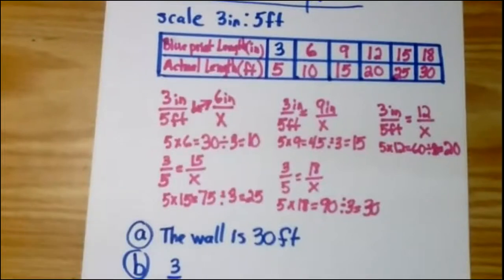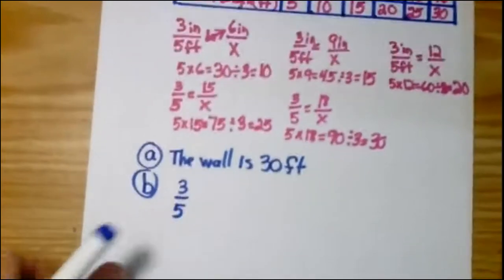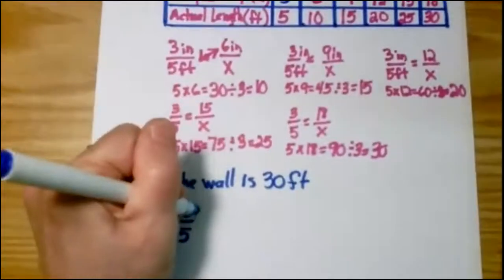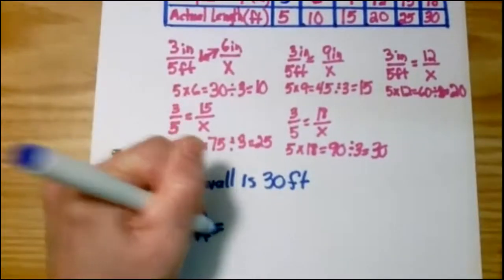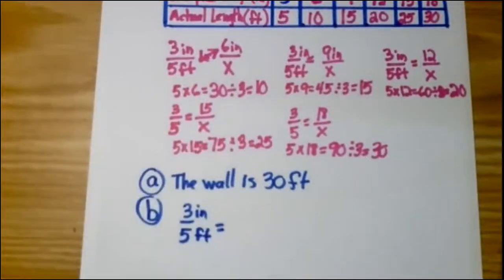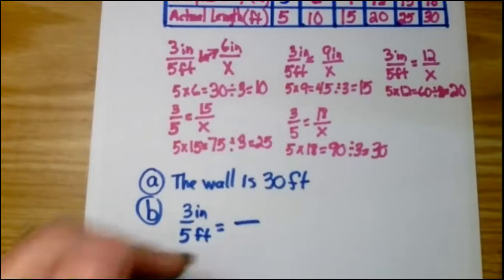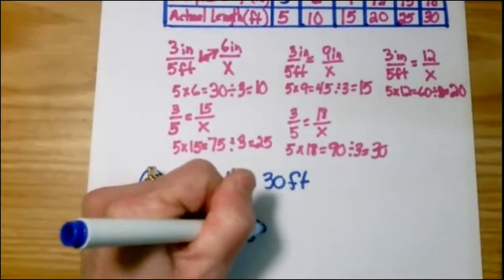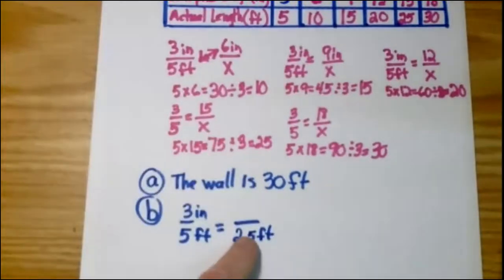We still have our 3 inches to 5 feet scale. But now they're telling us the actual size of the room, right? Is it a room? No, a window. Actual size of the window is 2.5 feet.